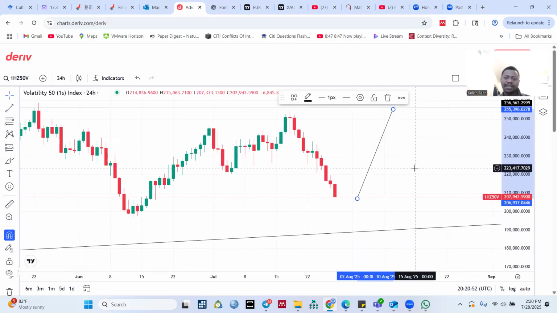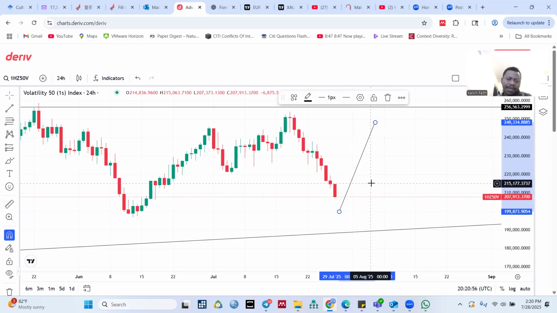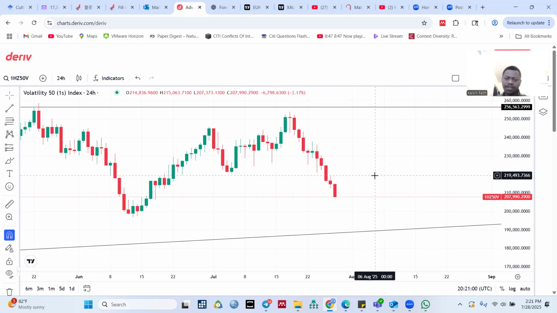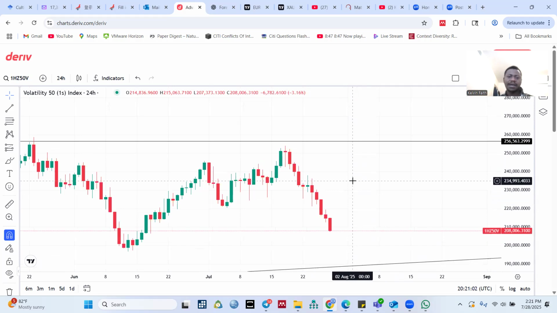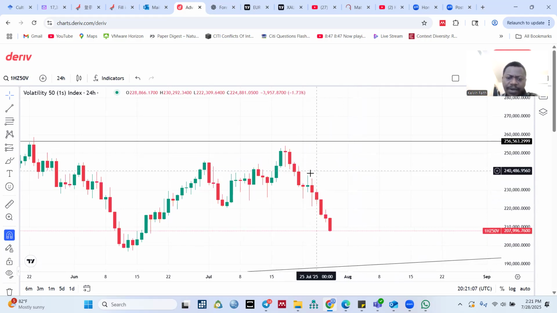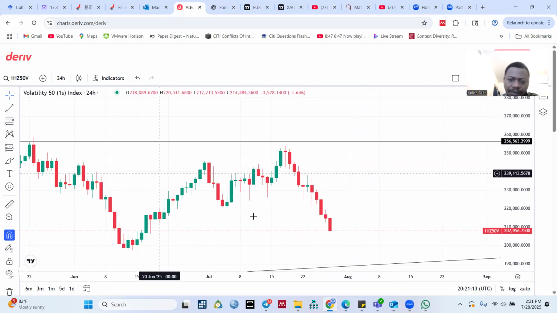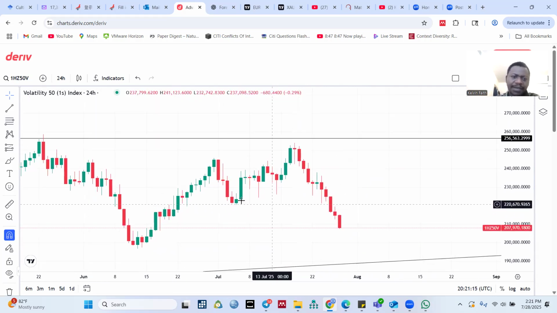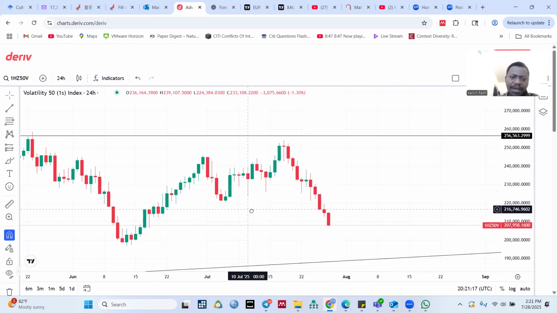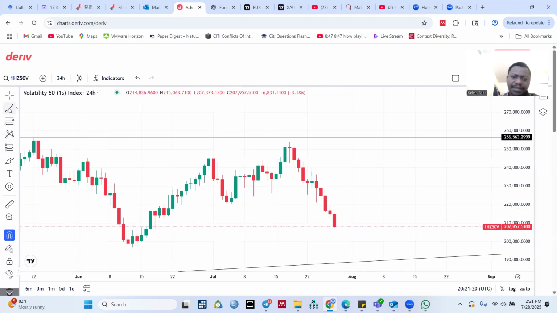I do not find any indication right now based on the daily time frame that price will want to go bullish, which means we are bearish. But before we do any other thing, let's look at what happened before price started going bearish.